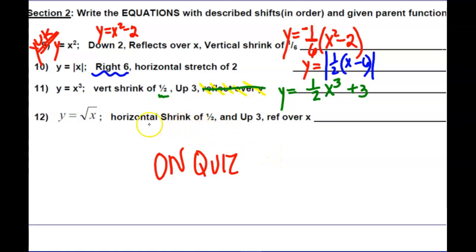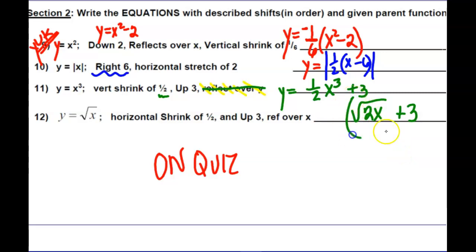Okay, horizontal shrink of 1/2. Where's horizontal shrink go? Inside. And do we put a 1/2 to make it shrink? No, we put a 2. Okay, up 3, where's that go? Up 3 is on the back. And now if we wanted to reflect that whole thing after we've shifted it up 3, anybody know what we do?